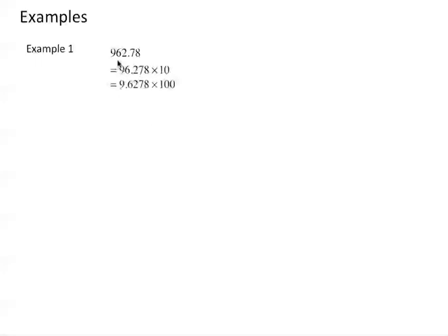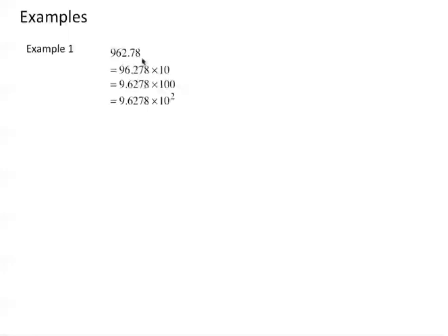Then 9.6278 times 100 is the same as 962.78. Now the decimal's in the right place, and 100 is 10 to the power of 2. So we've now written 962.78 as 9.6278 times 10 to the power of 2. This is scientific notation.